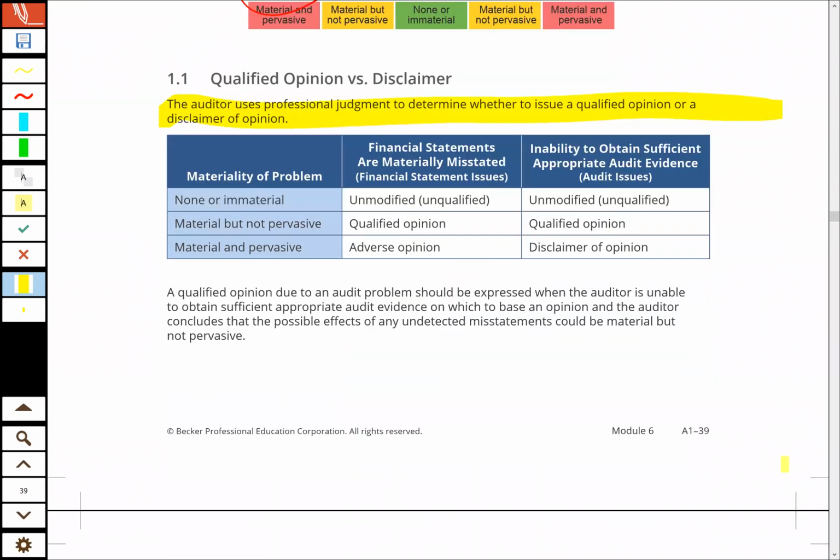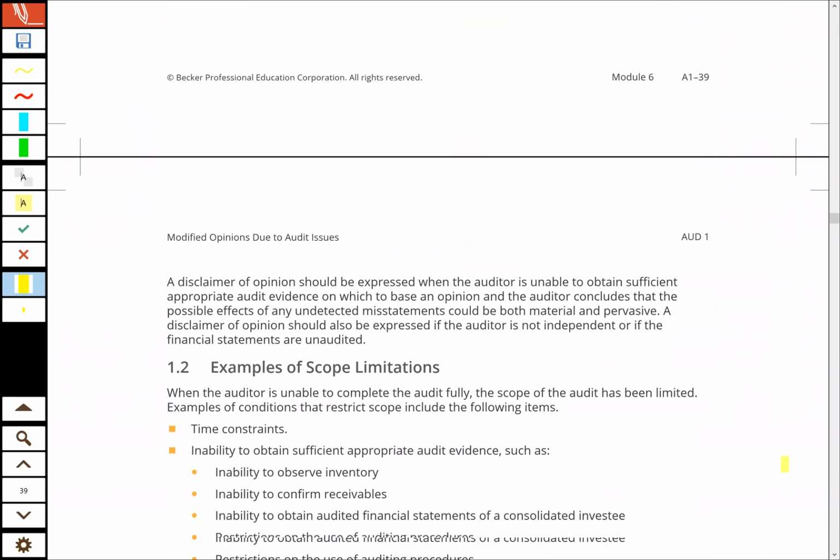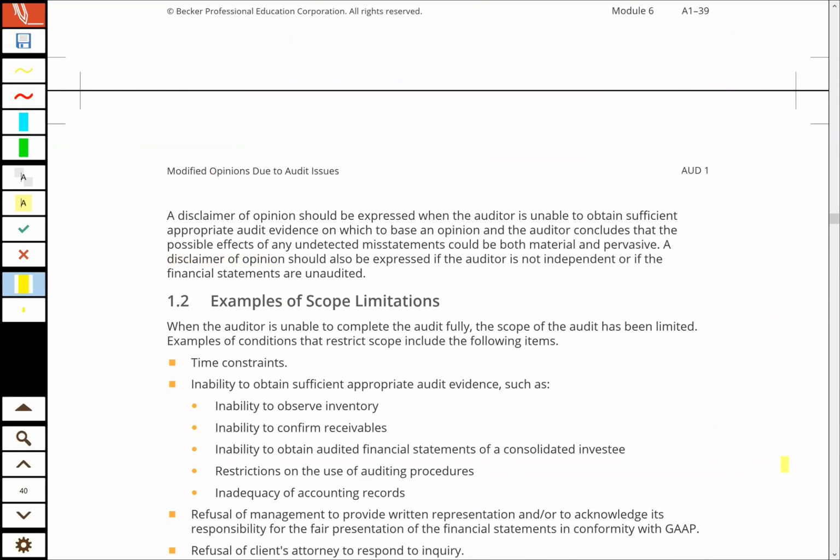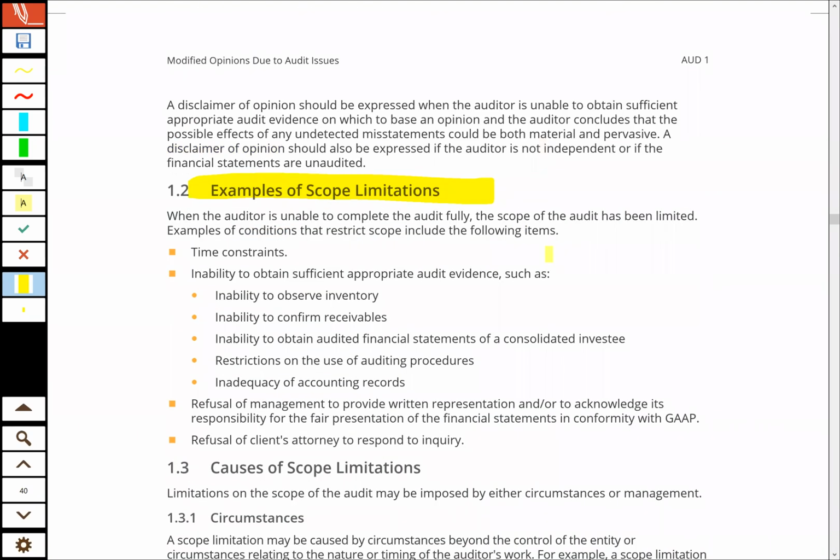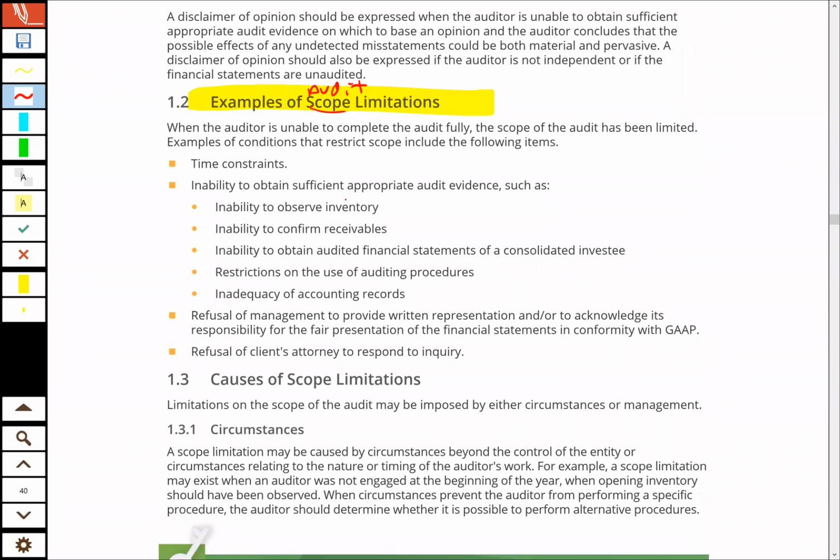Okay. Now, when we look, there are going to be scope limitations, audit scope limitations. In fact, I'll just write the word examples of audit scope limitations that will result in a qualified for gas reasons or disclaimer for gas reasons.